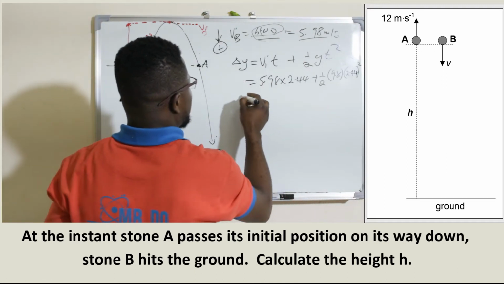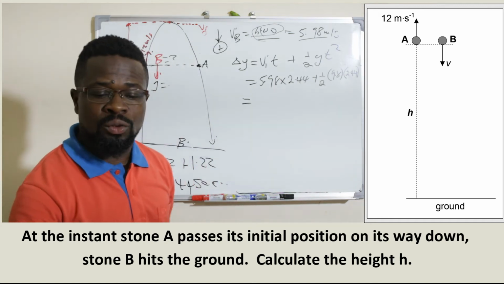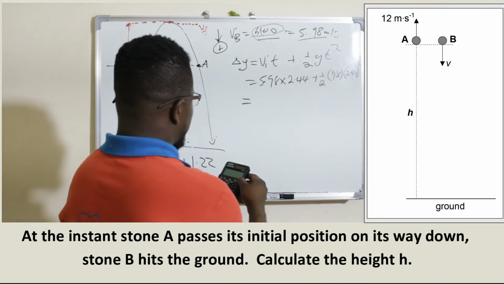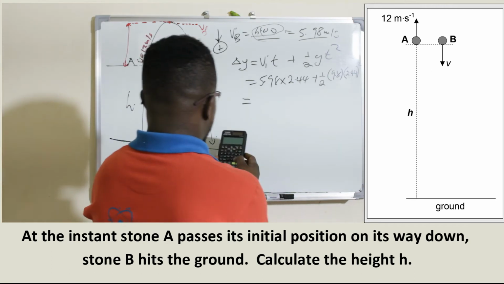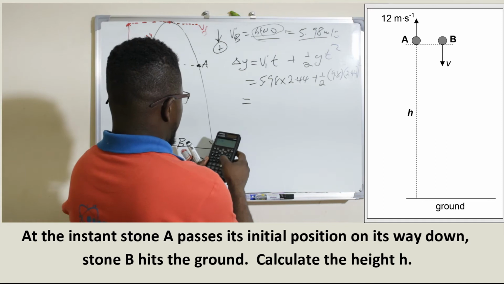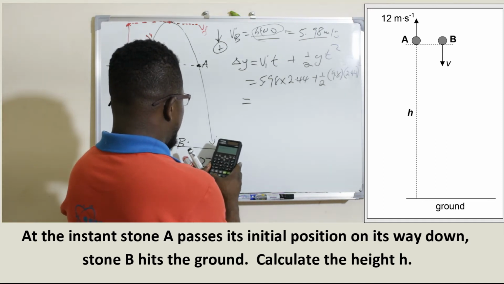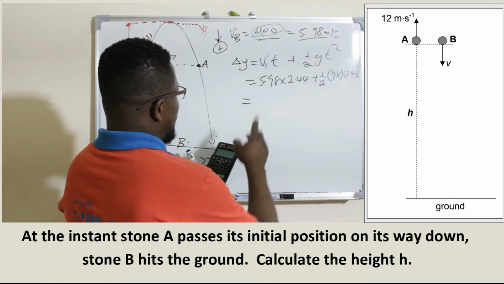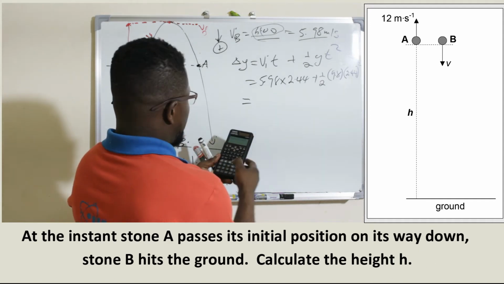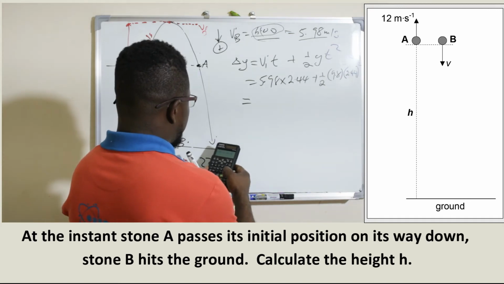And now let's take our calculator and see what we are going to have as the answer. If I do all that computation, 5.98, and then I am multiplying that by 2.44, plus what? The fraction is 1, or let's say 0.5.